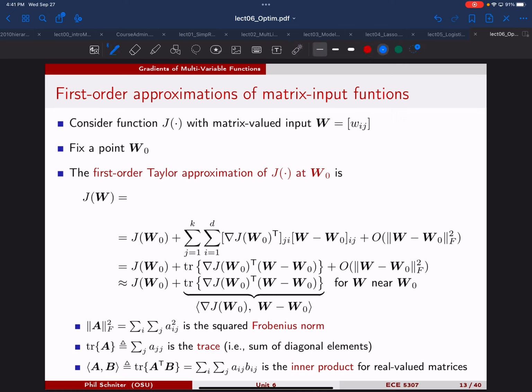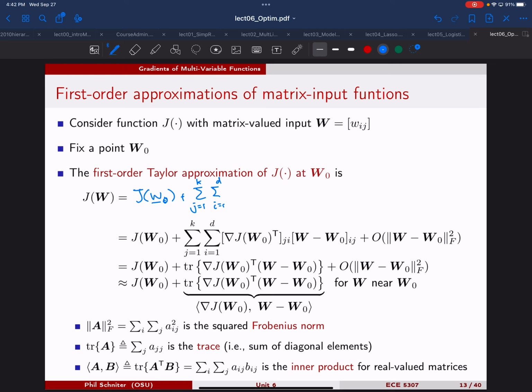Okay, so basically we start with the cost at the reference, plus now we're going to have a double sum. We'll use j and i as our variables. Could use anything really, but I'll just use j and i.